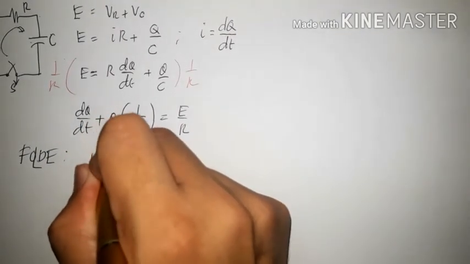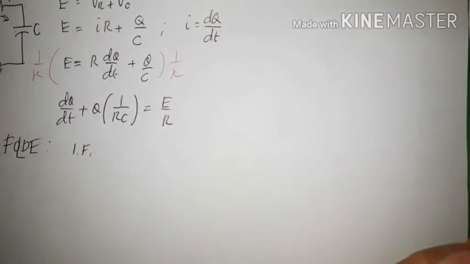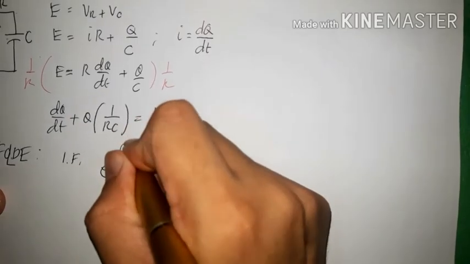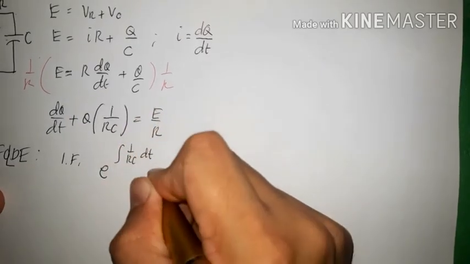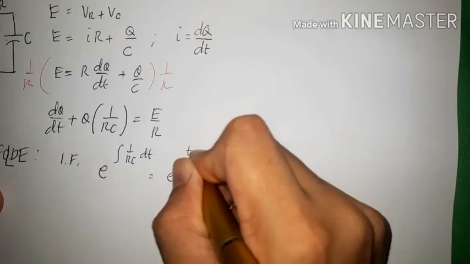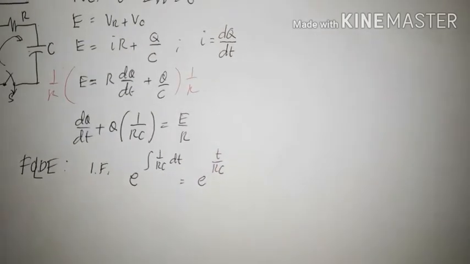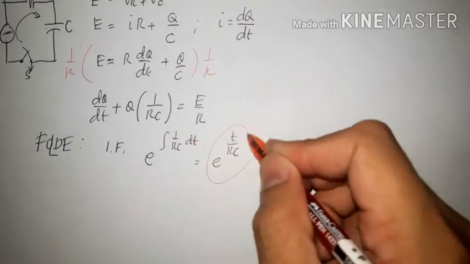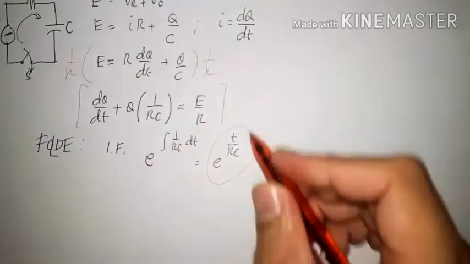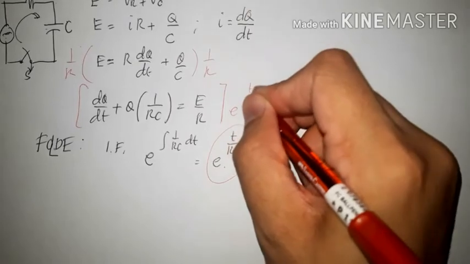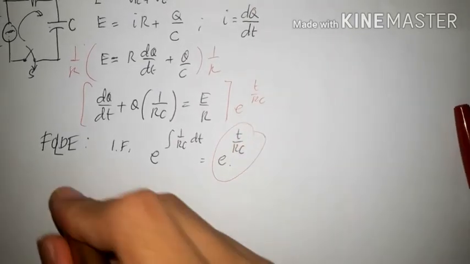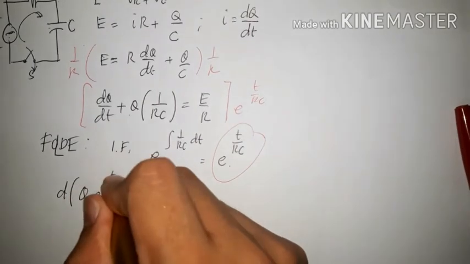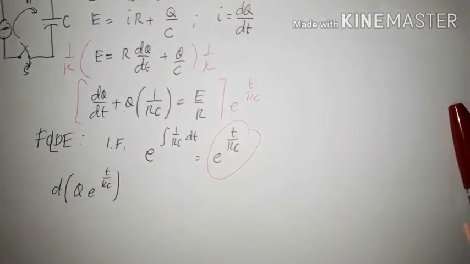So katulad nung ginawa kanina, I need to get the integrating factor. IF is e raised to integral of 1 over RC dt. So this is e to the t over RC as our integrating factor. So again, multiplying our LDE by our integrating factor e raised to t over RC gives the derivative of the dependent variable q and the integrating factor e to the t over RC.